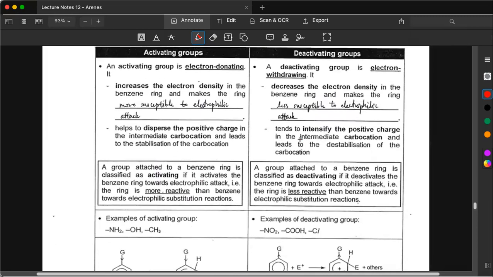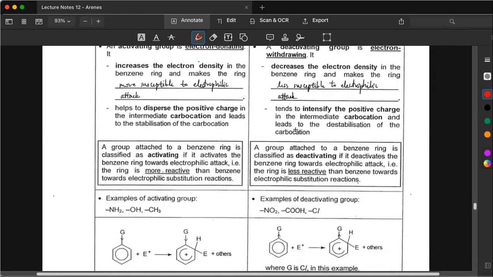Whereas a deactivating group, right, is electron withdrawing. It will decrease the electron density in the benzene ring and make the ring less susceptible to electrophilic attack. So instead of dispersing, it will intensify the positive charge on the carbocation ion and destabilize it.